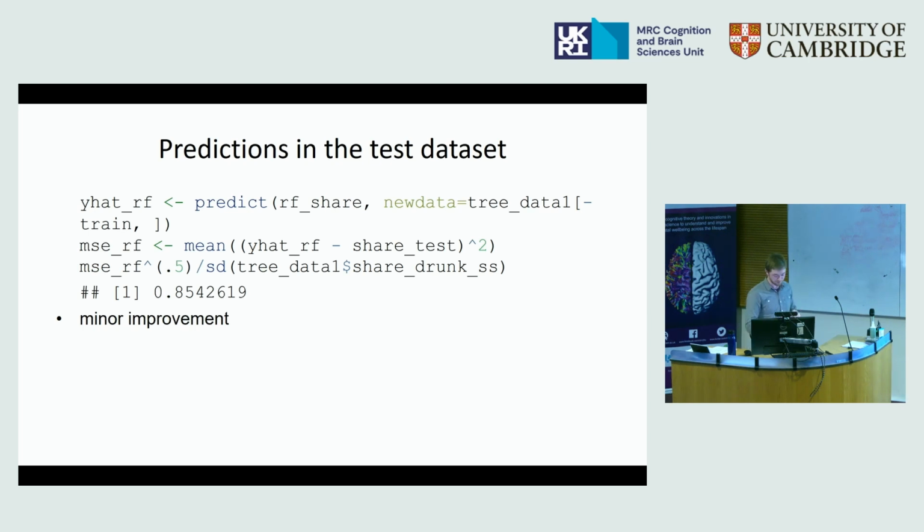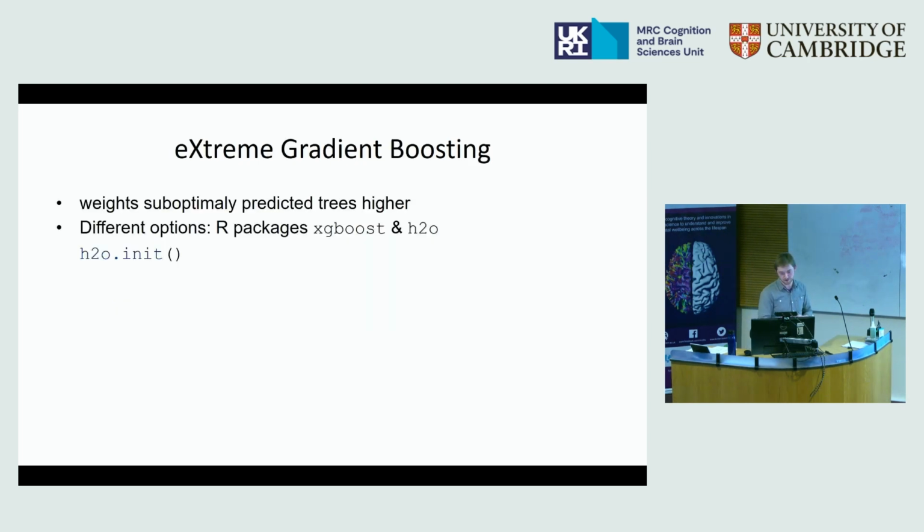But we can go more fancy. We can do extreme gradient boosting, which is a recent addition to these techniques. The original CART algorithm, the classification and regression tree algorithm, was from the 80s, and this is from 2019, so this is newer stuff.